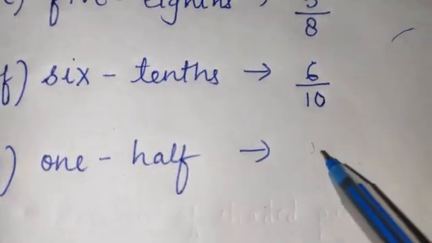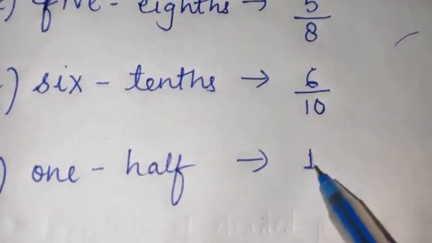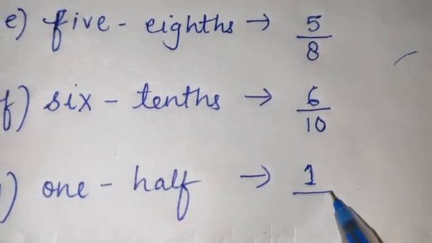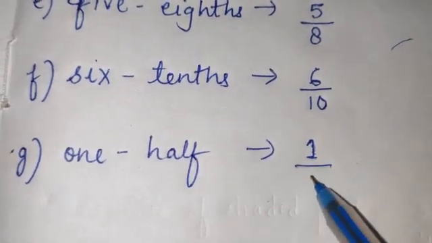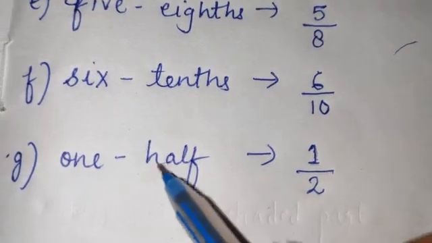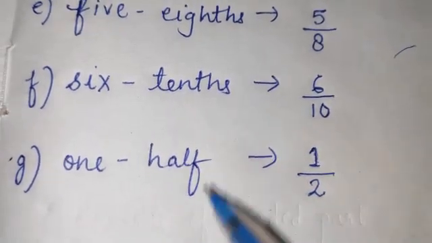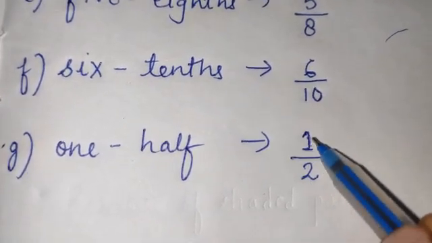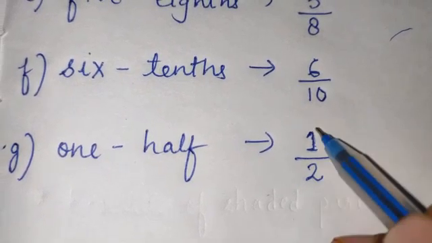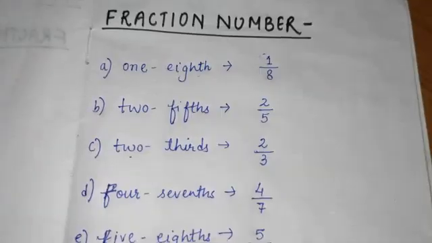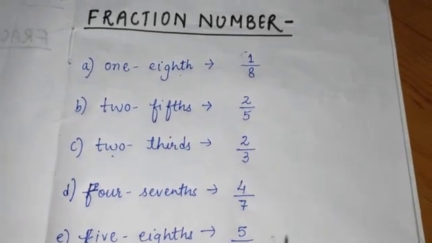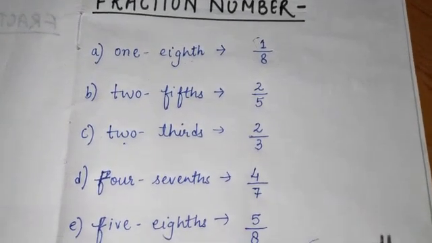So here 1 is coming in the first place, so you'll write 1 as the numerator, and half means here 2 parts, that the figure would be of 2 parts. So here you will represent 1/2 like this. So this one seems to be very easy, finding the fraction number from the given fraction names.